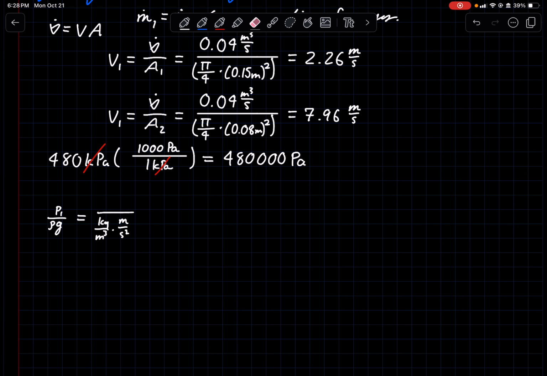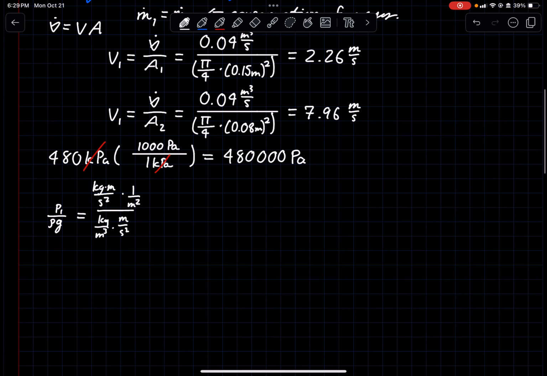But you have to remember that a pascal is a newton over meter squared, as that is force over area. So 1 newton is 1 kilogram meter per second squared, and we still have this thing hanging around. So now we can go ahead and cancel our units.